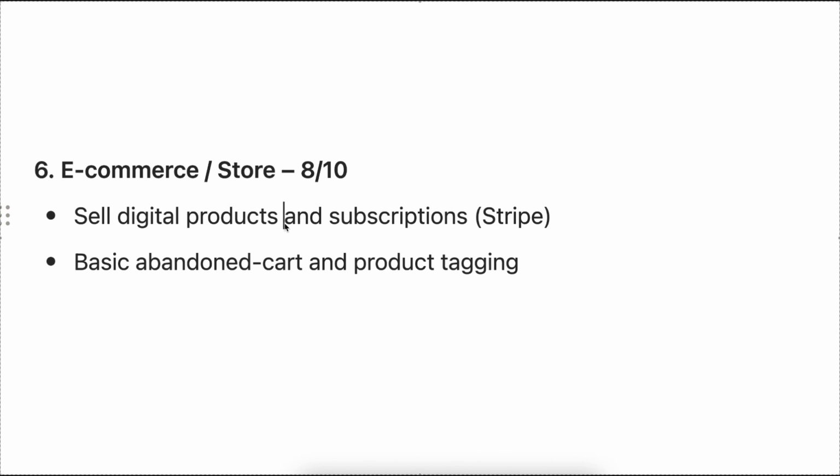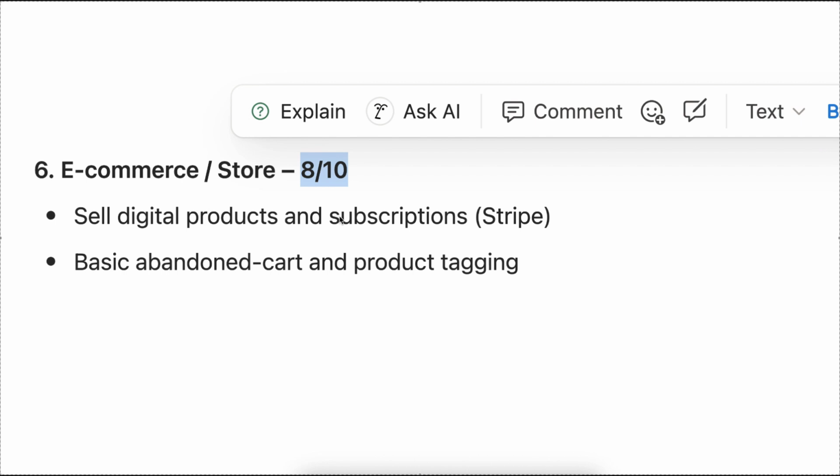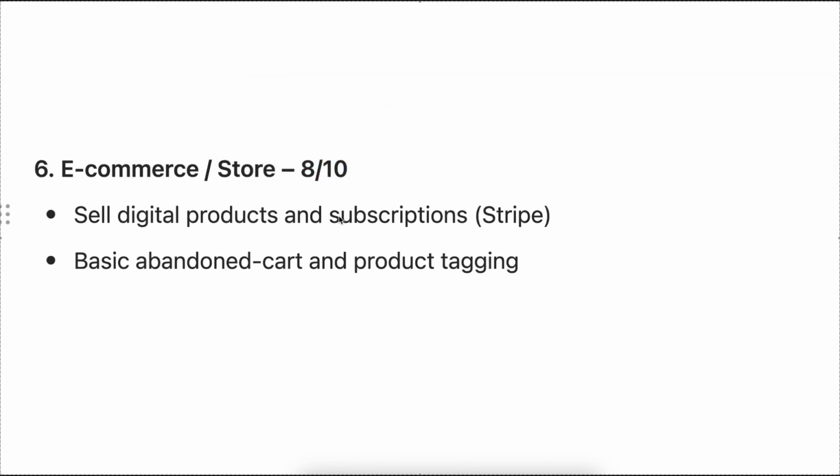I don't know if that's the option you necessarily want to go with, or you want to use an actual e-commerce tool, but they do provide this. And then you have all of these different features like abandoned carts, product tagging, all of those kinds of things. You can insert products within emails. I will give it an 8 out of 10 because it's not primarily made for e-commerce. So there are some tools that are more advanced than MailerLite.